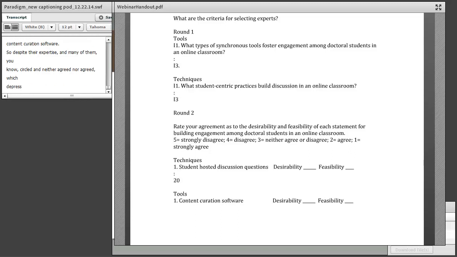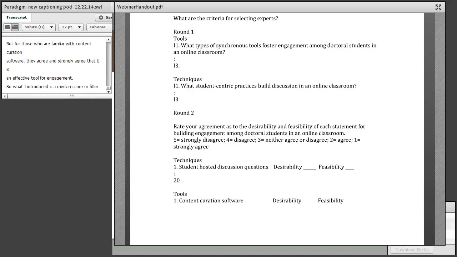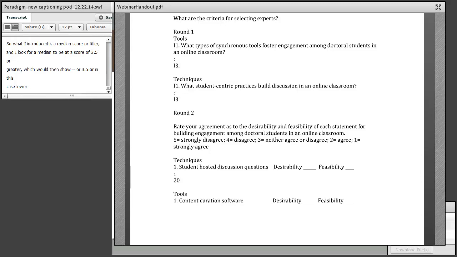But of those who are familiar with content curation software, they agree and strongly agree that it is an effective tool for engagement. So what I introduce is a median score or filter, and I look for a median to be at a score of 3.5 or greater, or 3.5 or in this case lower, that the filter would basically show me that there is a tendency towards consensus.